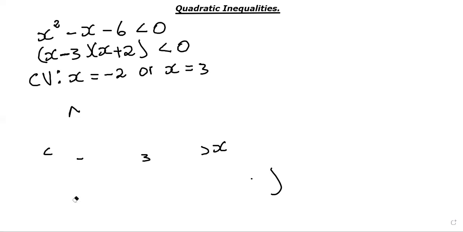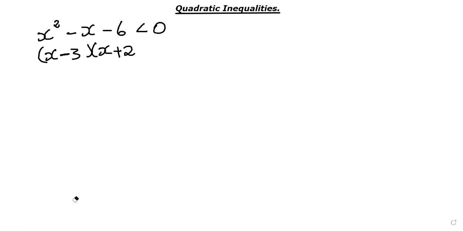So let's try another example to make sure you grasp this. This one says you have x squared minus 2x minus 8, which is less than 0. Once again, it is still written in standard form, so we can go on and factorize this.